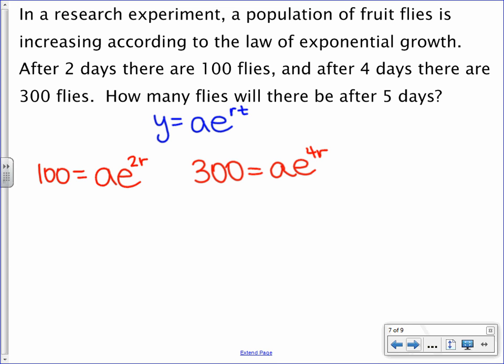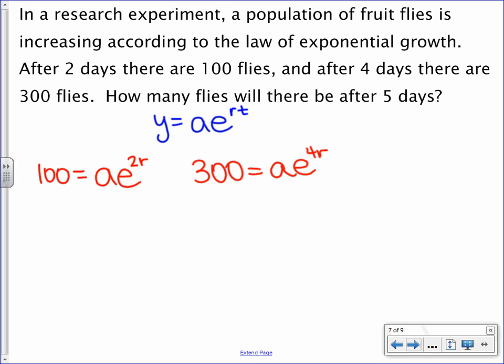Can't you say the initial could be 100 and then the final could be 300? So 300 equals 100 e to the RT, and then you take the time to get that. But what if I wanted to know how many there were on day 1? Would that model be helpful?